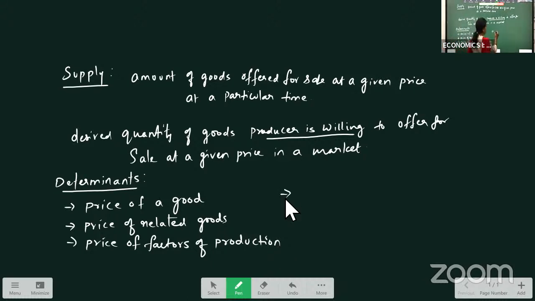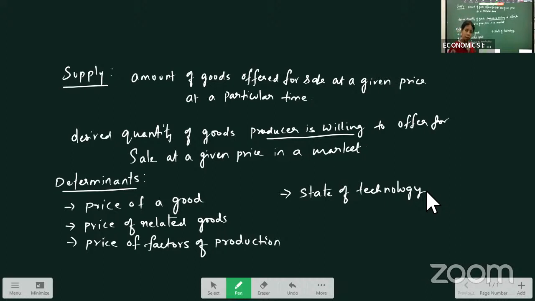Another factor which is a determinant here is state of technology. What technology are we using for our production? For example, in your business, if we use the best or advanced technology, more production is possible, more output we can produce. Whereas if we use outdated technology or an old methodology, production will be less, meaning the quantity we are producing.